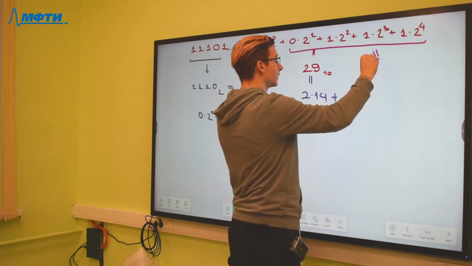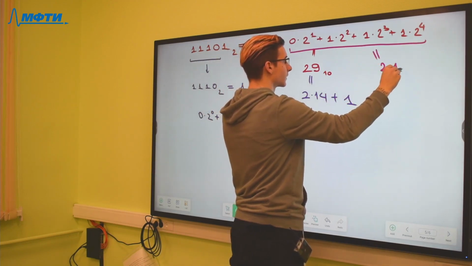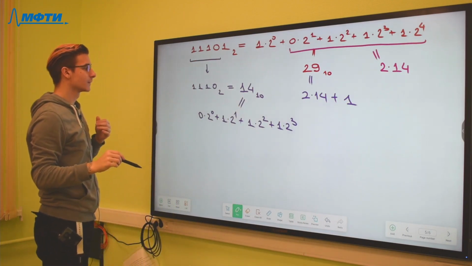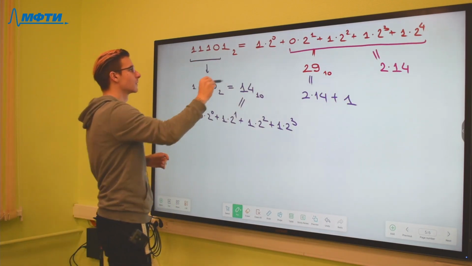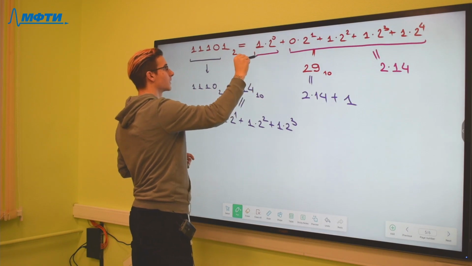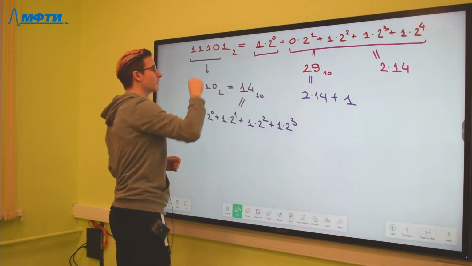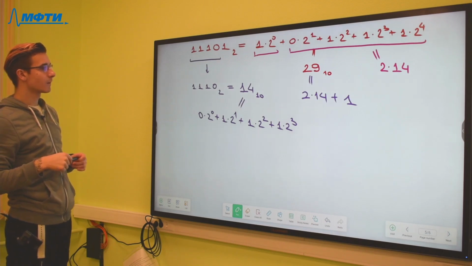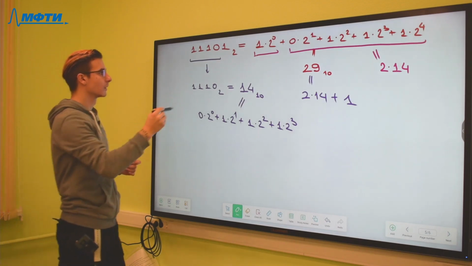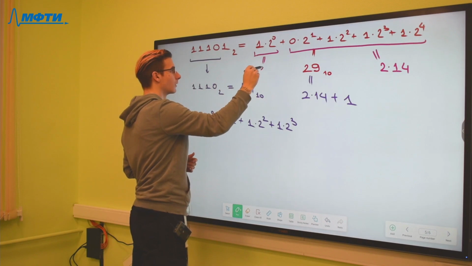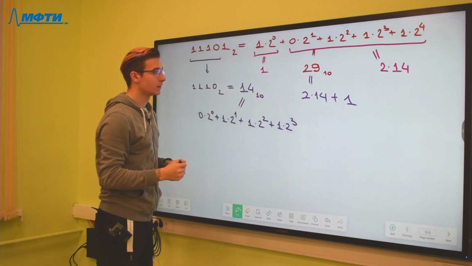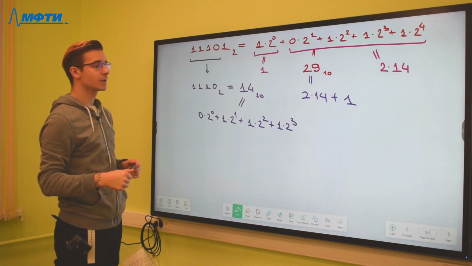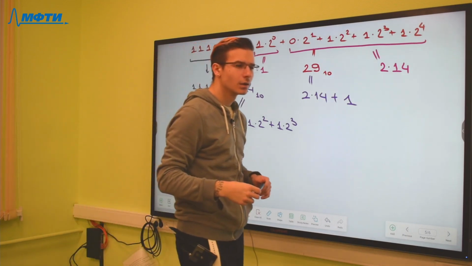So it is twice 14, plus the last number of this sum. So we write that 29 is 2 multiplied by 14 plus 1. Okay.